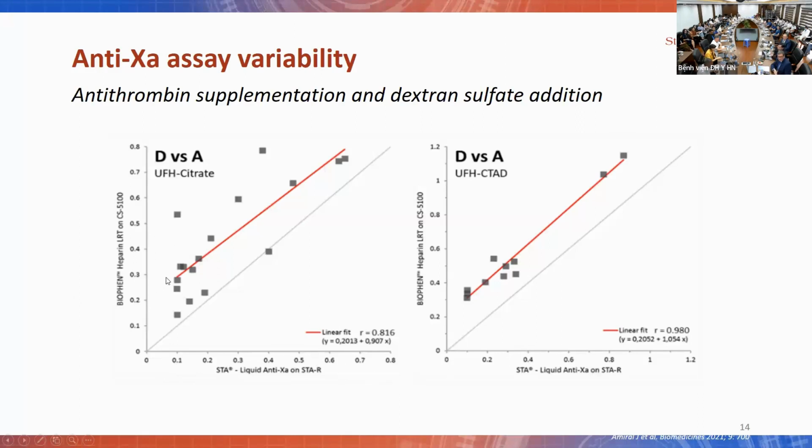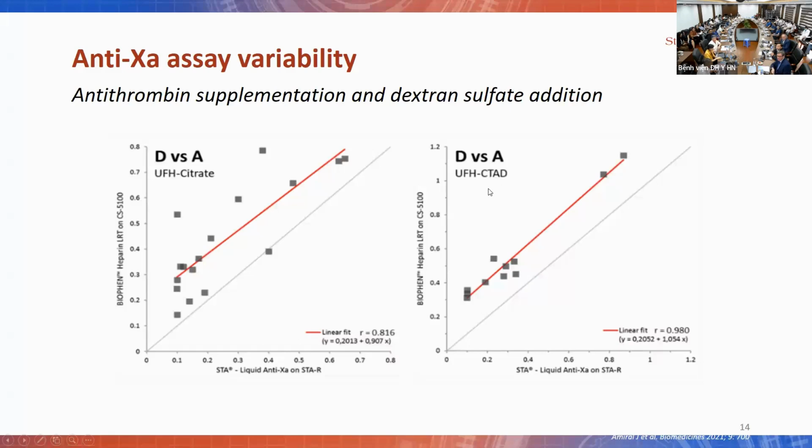And you can see that the one depicted in red that contains dextran sulfate generates higher results than the one that does not contain dextran sulfate. And there is no difference whether you use regular citrate tubes or CTAD tubes, which are tubes specifically designed for the monitoring of unfractionated heparin, because they contain substances.